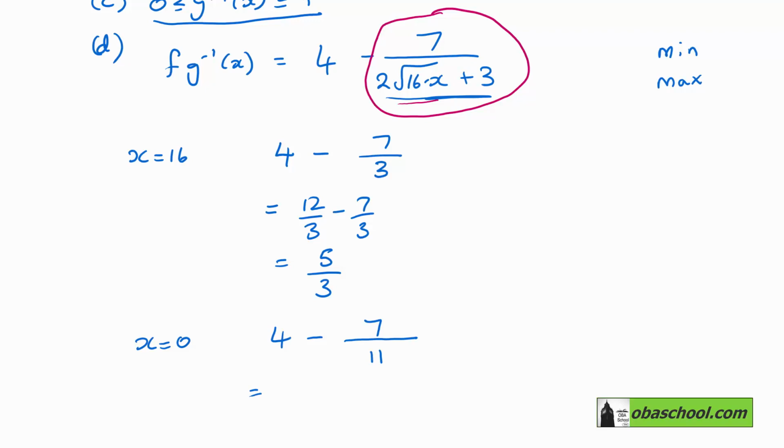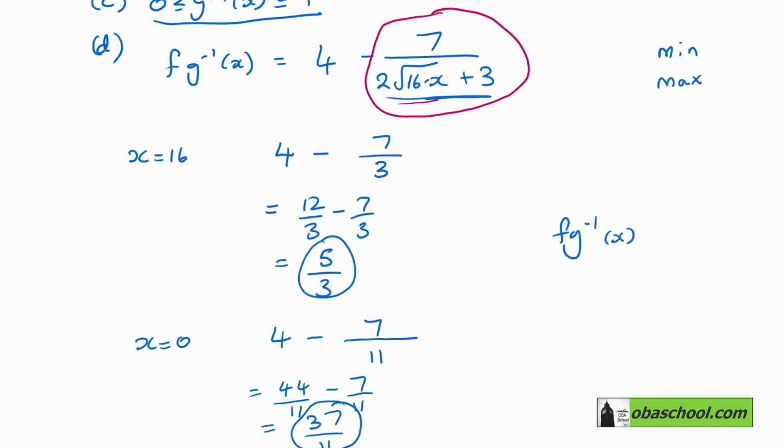So that is going to be 44 over 11 take away 7 over 11, and that is going to be 37 over 11. So if we think about that, this value, as we surmised, would be bigger than this one. And that tells us that our f of g inverse of x is going to be sandwiched between 5 over 3 and 37 over 11.